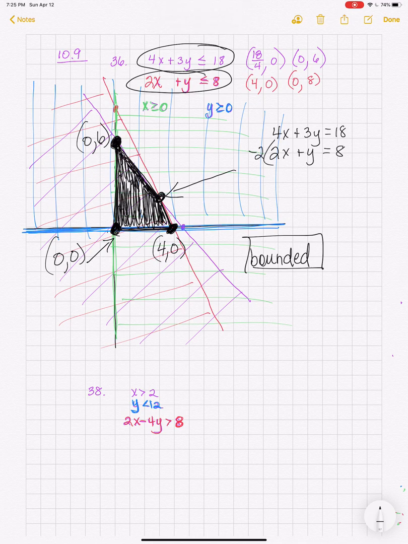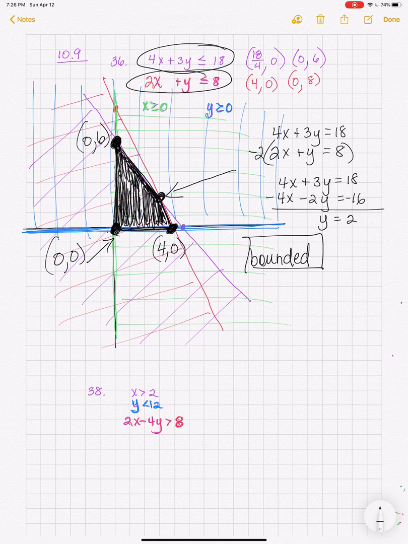-2 to get opposites. So the top equation isn't changing, 4x plus 3y equals 18. And the bottom equation is going to be -4x minus 2y equals -16. When I add these 2, those are opposites, so my x's add out, and my y's give me y equals 2.